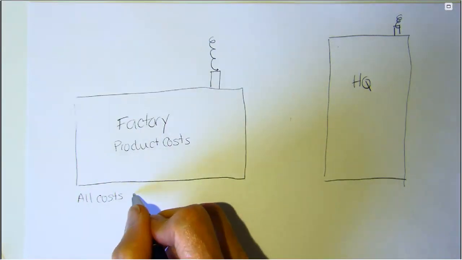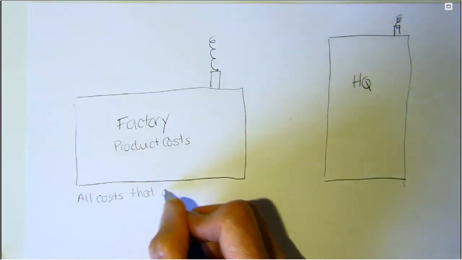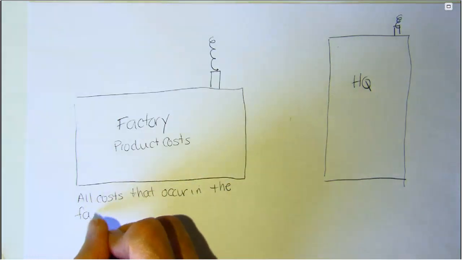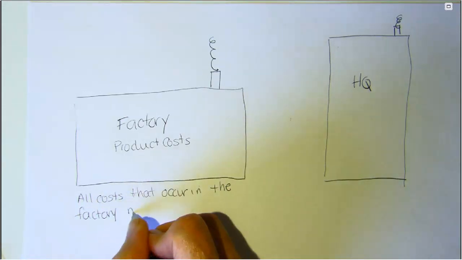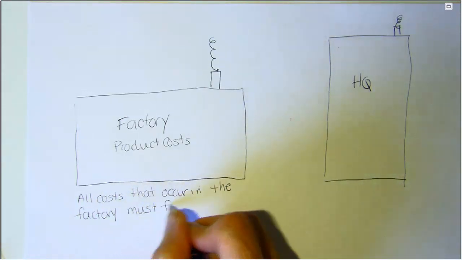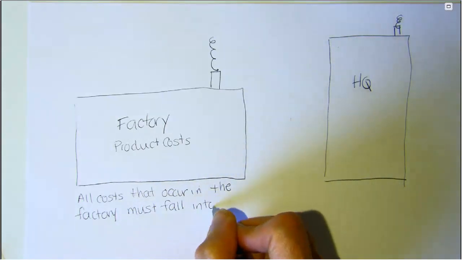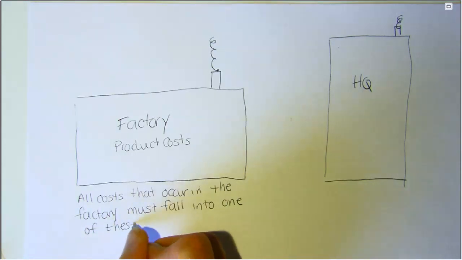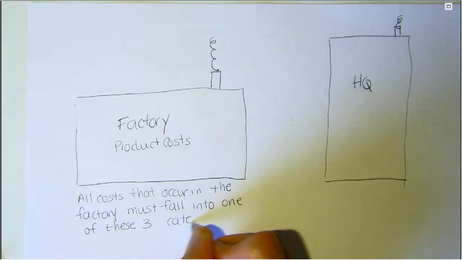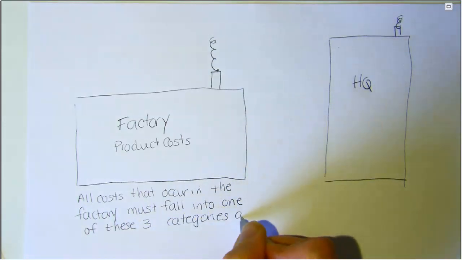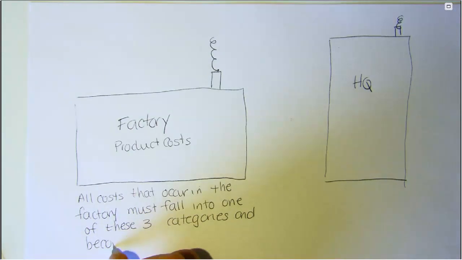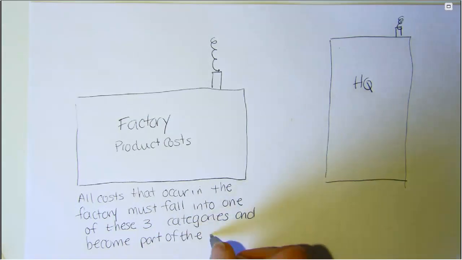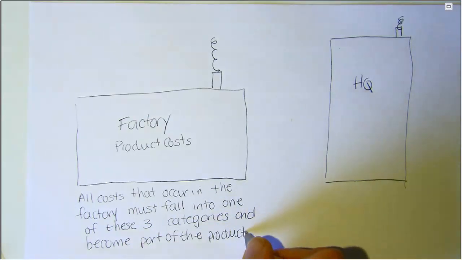All costs that occur in the factory must fall into one of these three categories and become part of the product cost, which means they become part of the inventory, right?